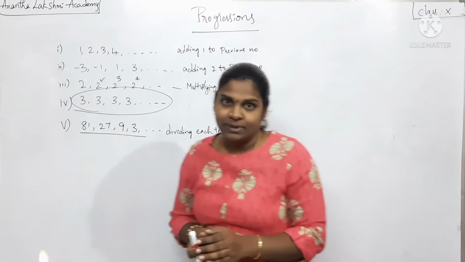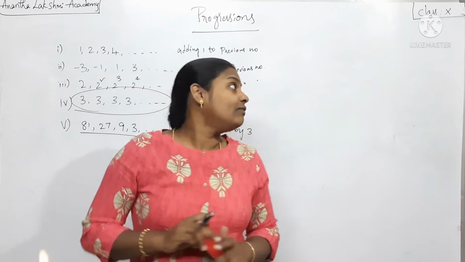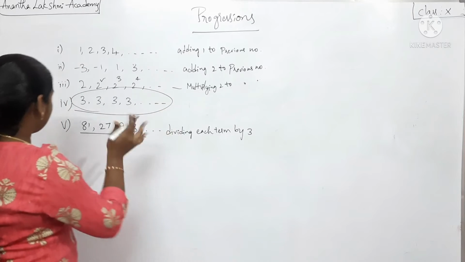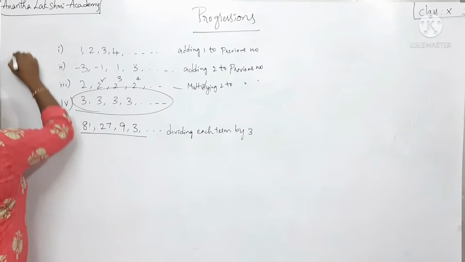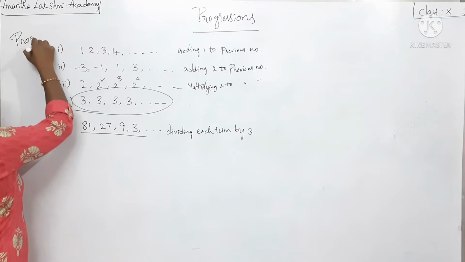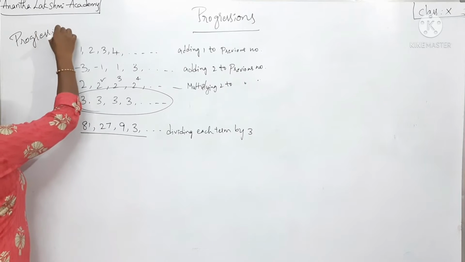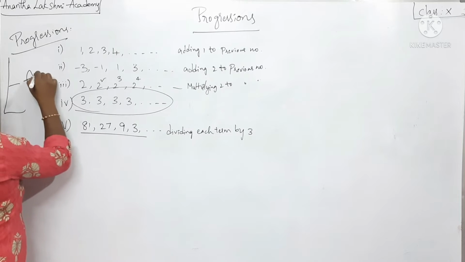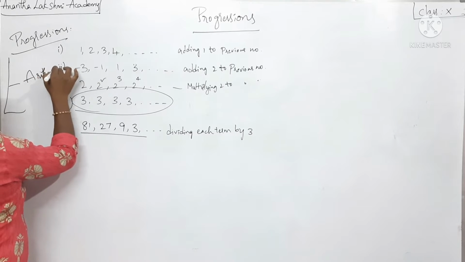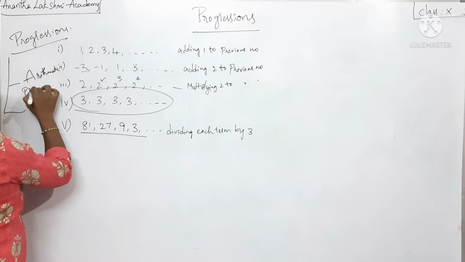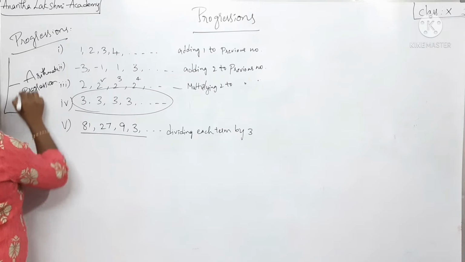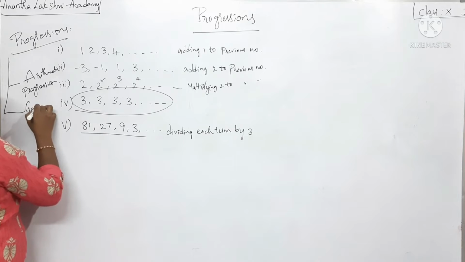So in this chapter, we are going to deal with two progressions: arithmetic progression number 1, and the second one is geometric progression.